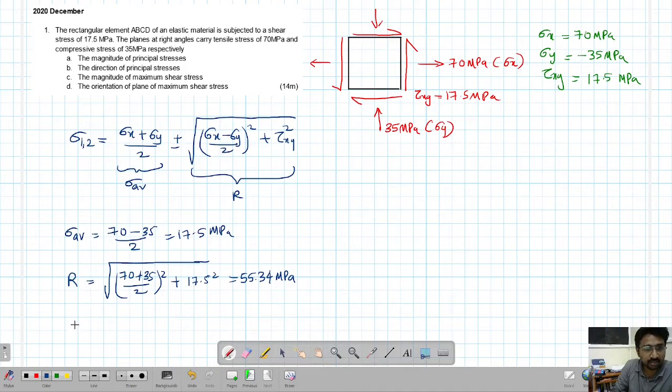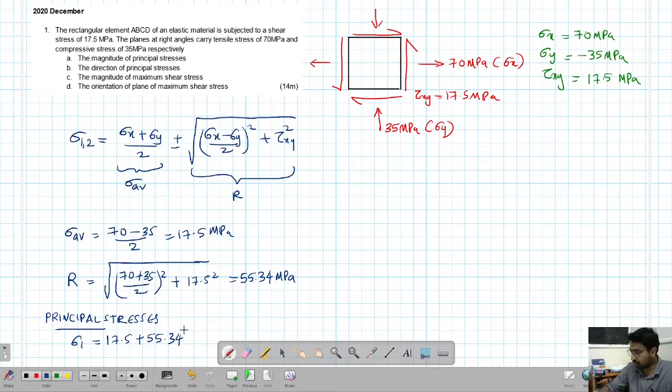Now we can find the principal stresses. Sigma 1 is 17.5 plus 55.34, which comes out to be 72.84 MPa.